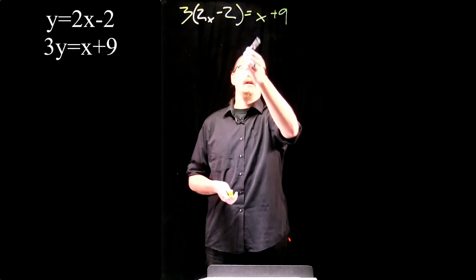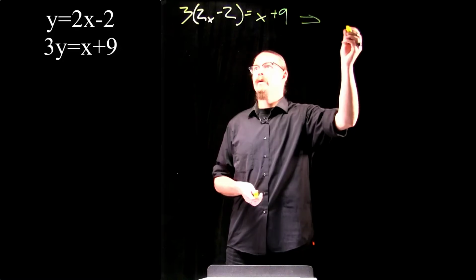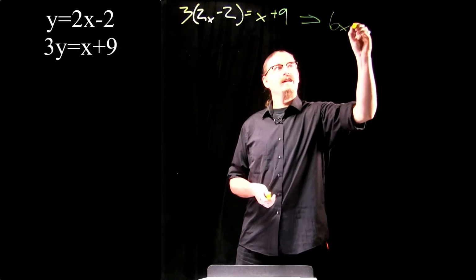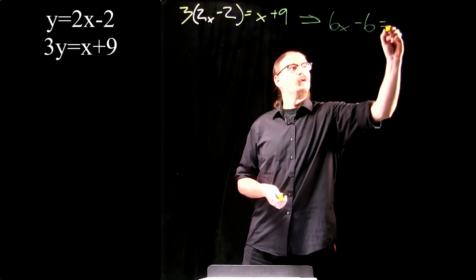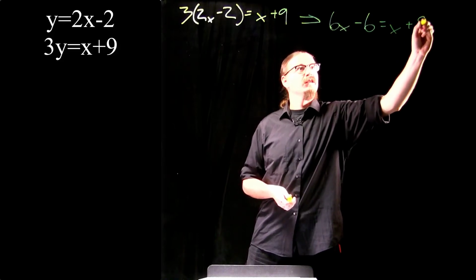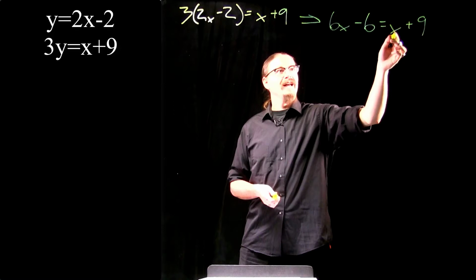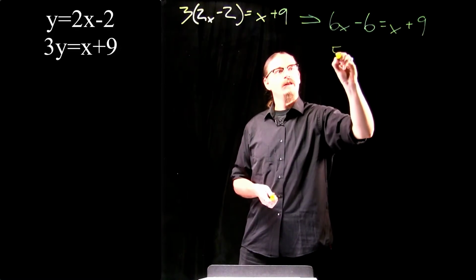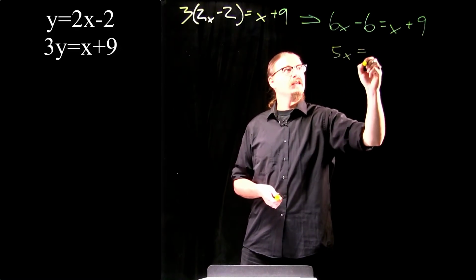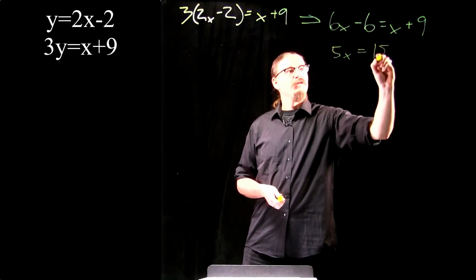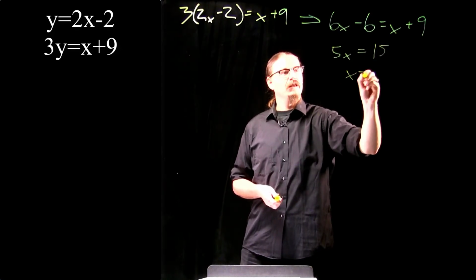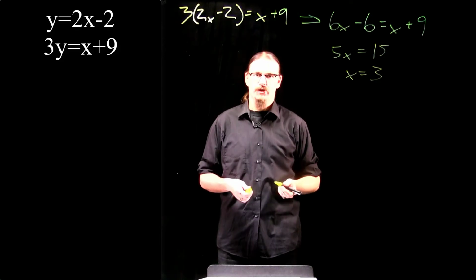We distribute the 3 across, and we end up with 6x minus 6 is equal to x plus 9. From there, add the 6 to bring it over, subtract the x to bring it over. You have 5x is equal to 15, or x equals 3, just like before.